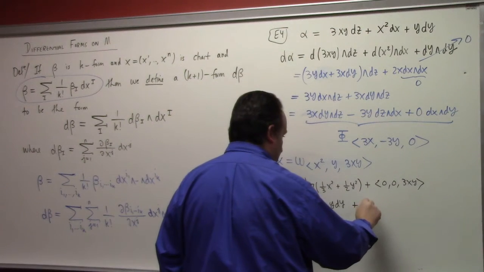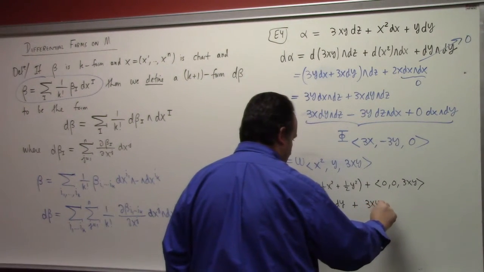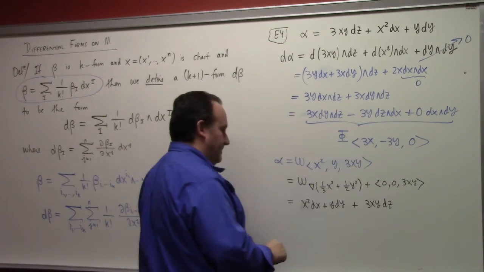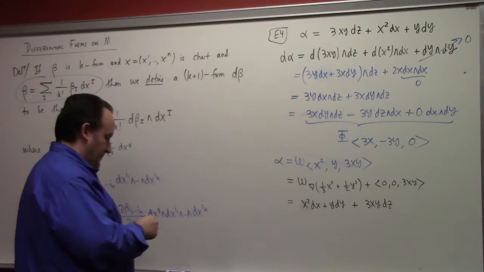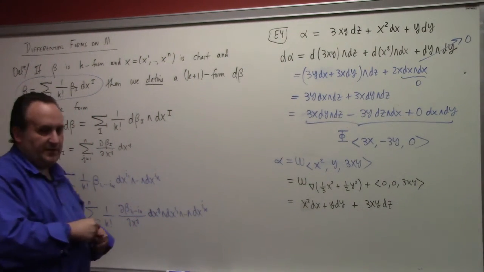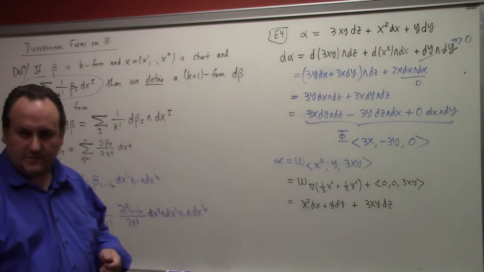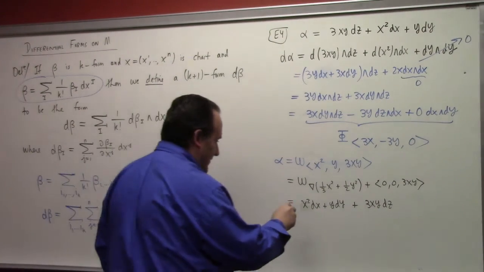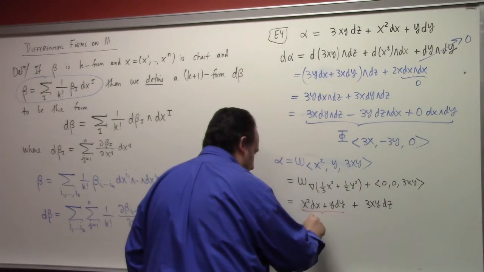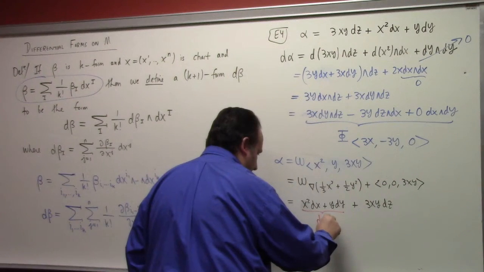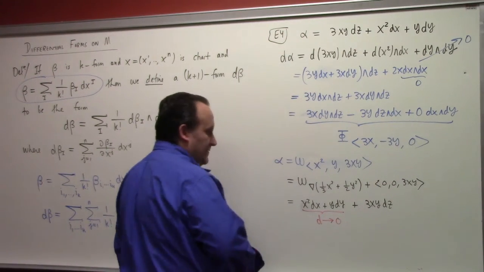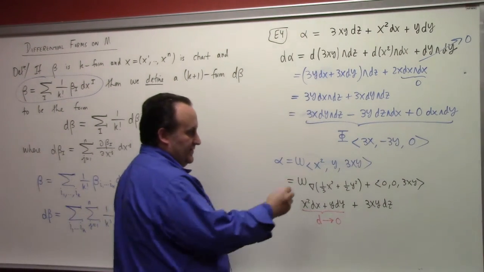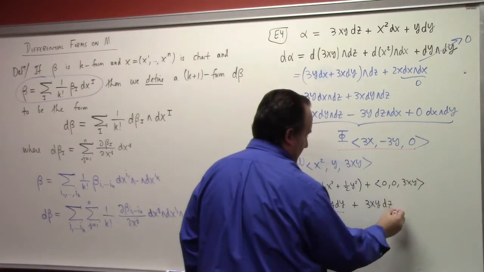Plus this other one, right? You notice what happened under the exterior derivative. This piece here, the exterior derivative of that sent it to 0, right? So this is all from that piece.